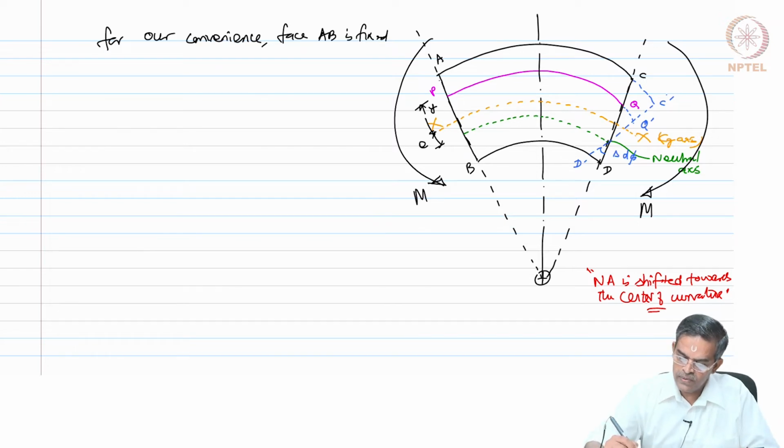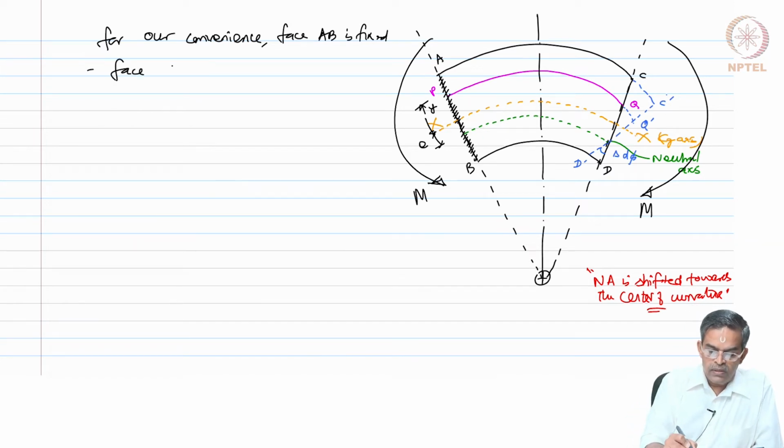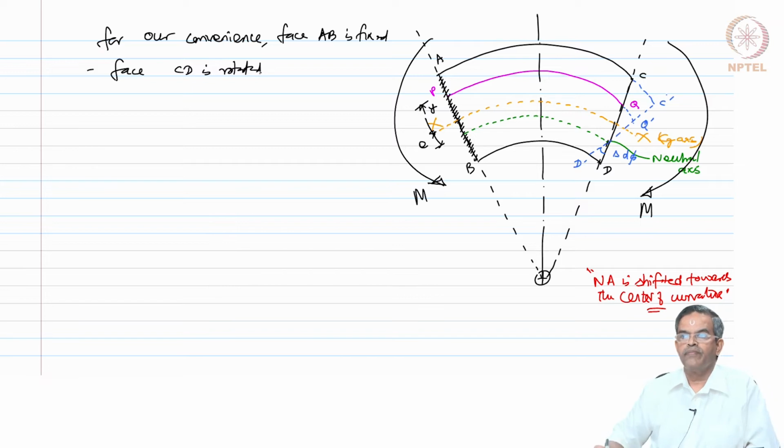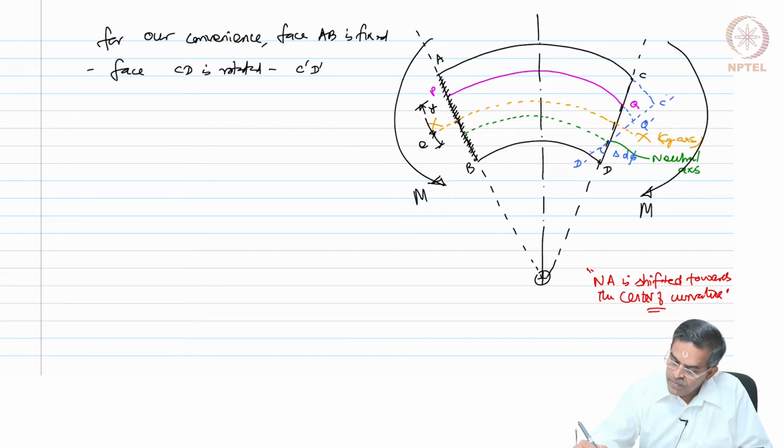That is, this face is fixed. Face CD is rotated to C dash D dash, as you can see in this figure, this is what we have rotated.